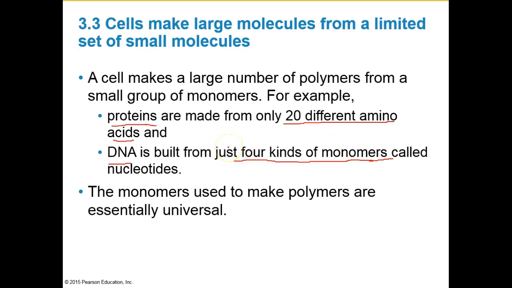So all of that variety is based on not very many monomers. Okay? So the monomers used to make polymers are essentially universal. And that's a key point. Everybody, like the plants, animals, fungi, even little bacteria, really all use the same kinds of building blocks. We just all use them a little bit differently.